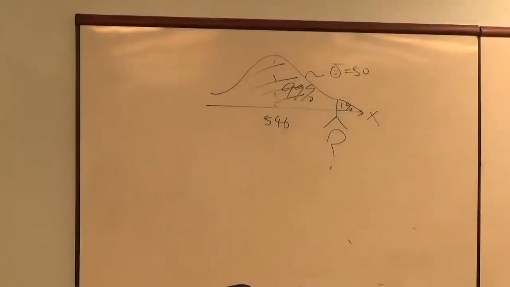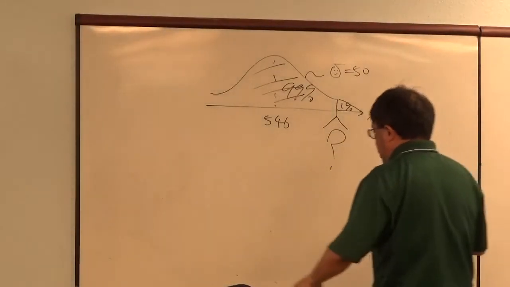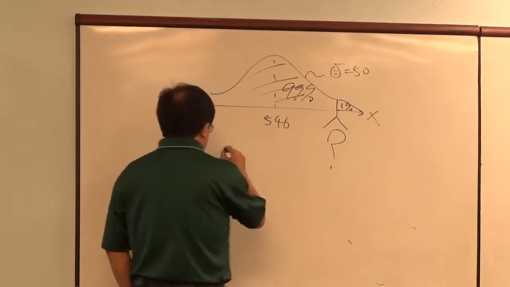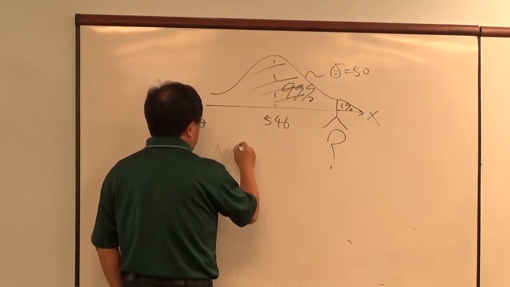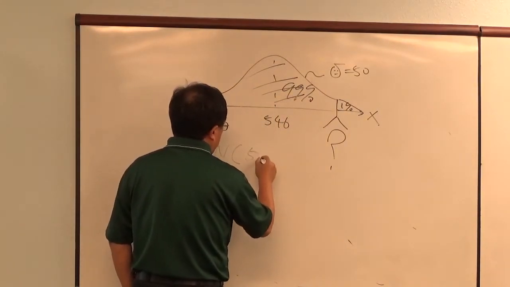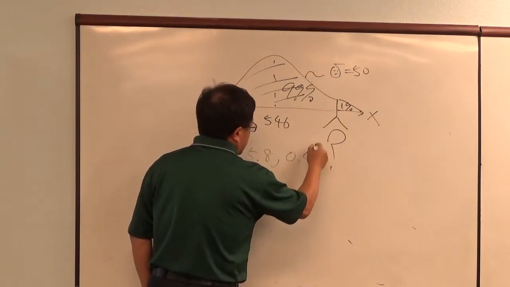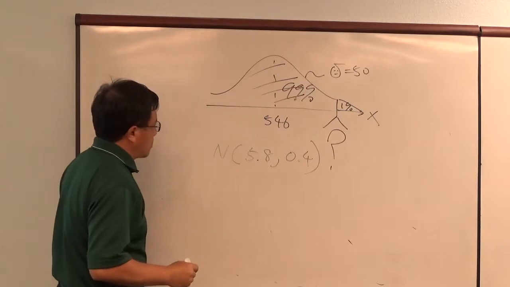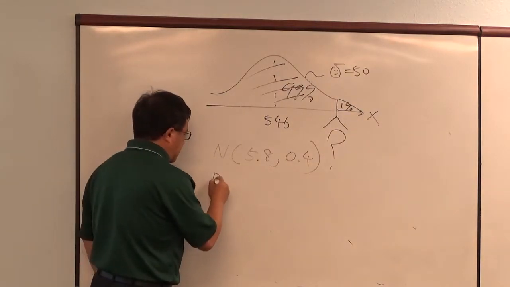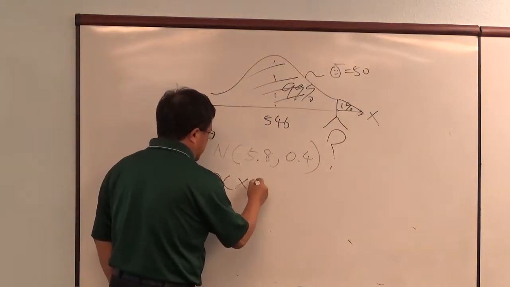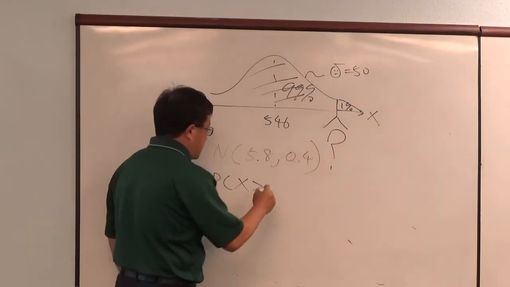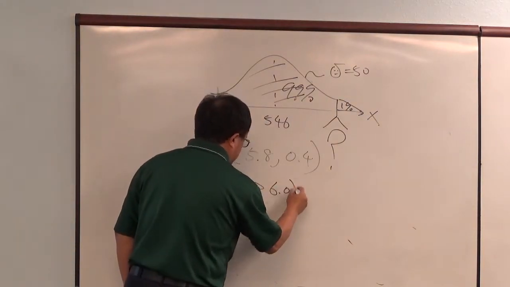So it's a normal distribution with 5.8 as the mean and 0.4 as the standard deviation. We're interested in finding out the probability that x is greater than 6.0.